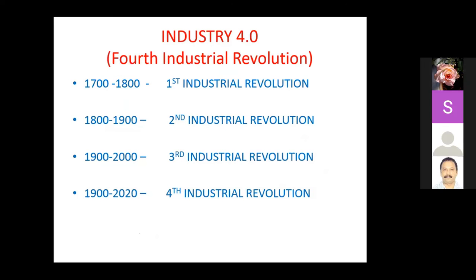These are the various eras of the different revolutions. As academicians, we should be aware of this. If you are not aware of the fourth industrial revolution, this is a good academic exercise for academicians, so that they can dig through the first, second, and third, and understand the difference between the previous revolutions and the fourth.